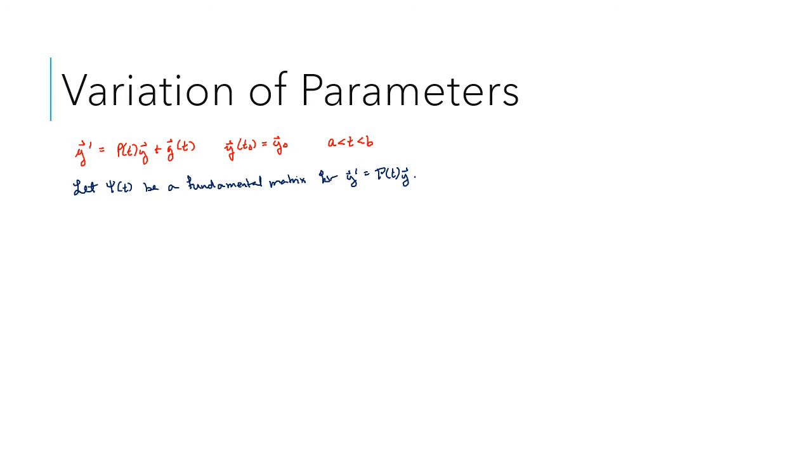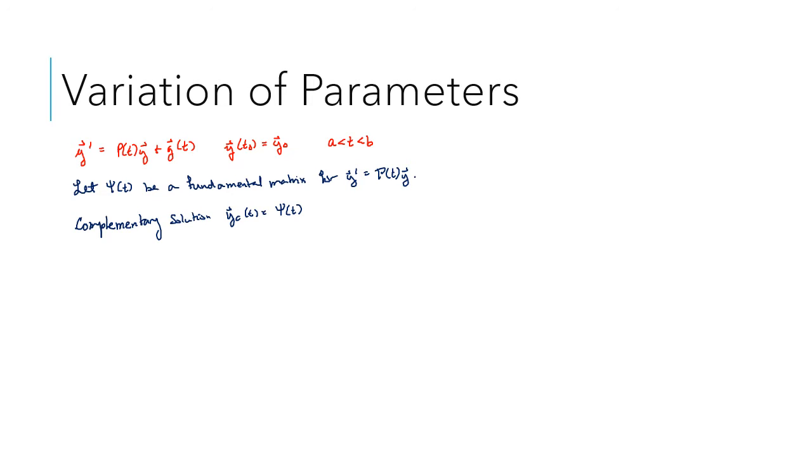So my complementary solution is going to look like y sub c of t is equal to psi of t multiplied by some arbitrary constants.